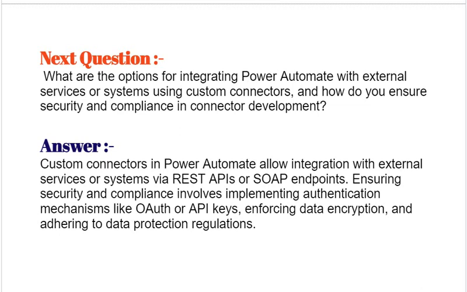Your answer should be: custom connectors in Power Automate allow integration with external services or systems via REST APIs or SOAP endpoints. Ensuring security and compliance involves implementing authentication mechanisms like OAuth or API keys, enforcing data encryption, and adhering to data protection regulations.